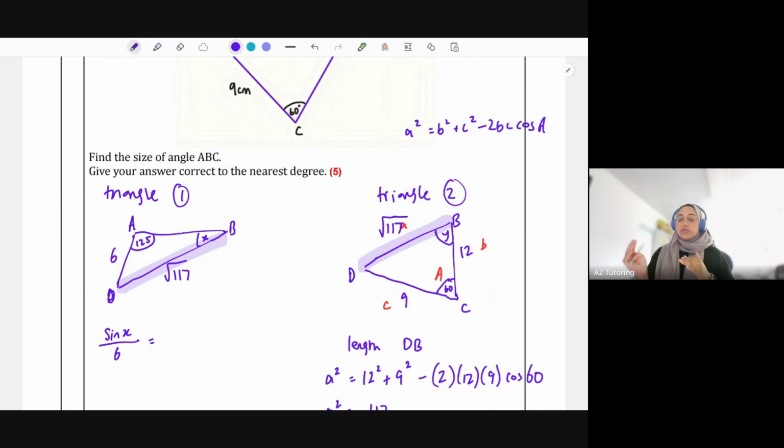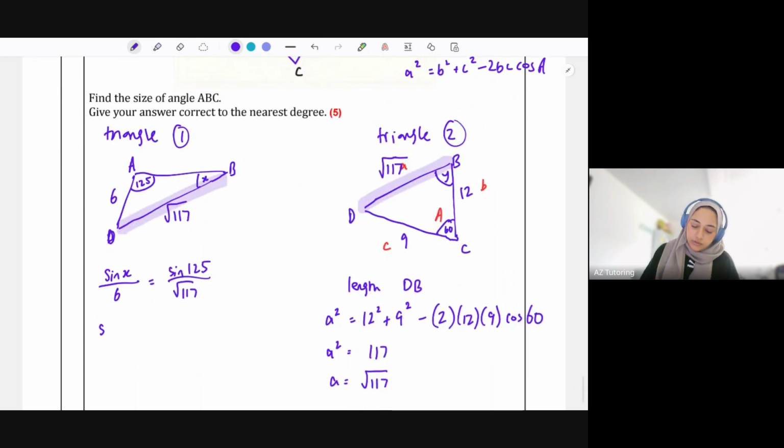So sine rule is always the angle's opposite thingy. And then I've got sine of 125 over the length, which is root 117. So sine x equals, I can times this side by 6. So sine 125 over root 117 times 6. So x just equals the inverse sine of whatever answer you get here.